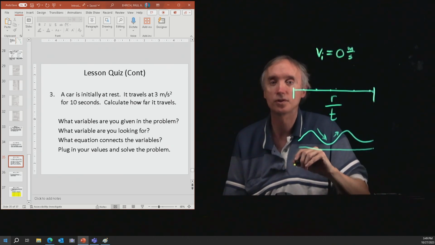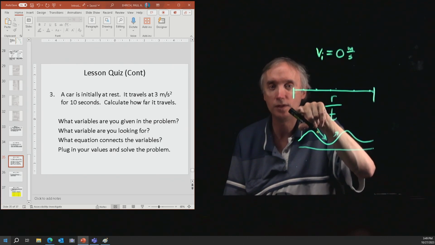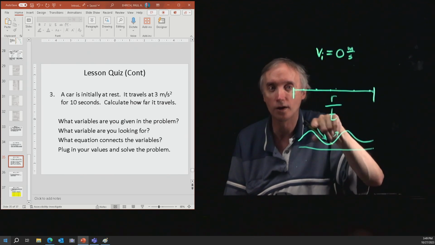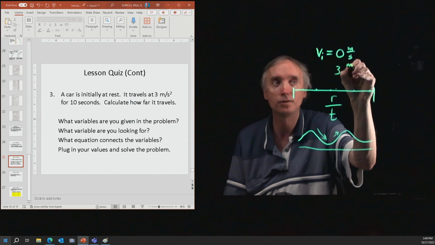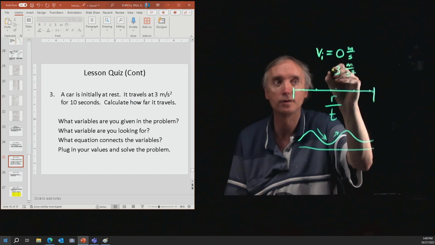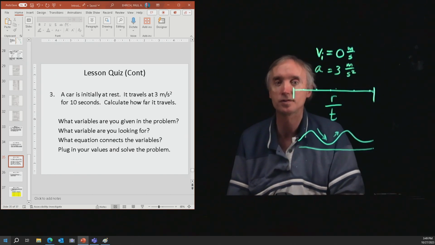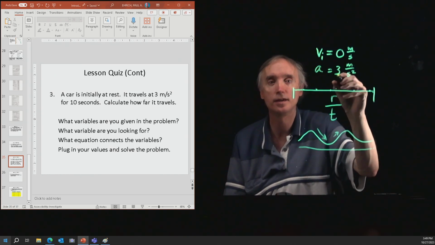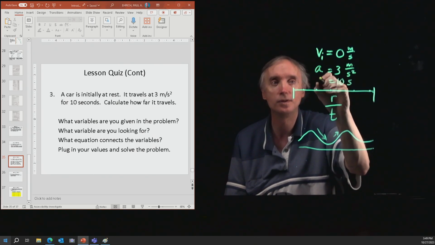Okay, we're also told that it's going at 3 meters per second squared. What is 3 meters per second squared? That's an acceleration. So we're told the acceleration, and then we're told 10 seconds. So that's going to be the time.